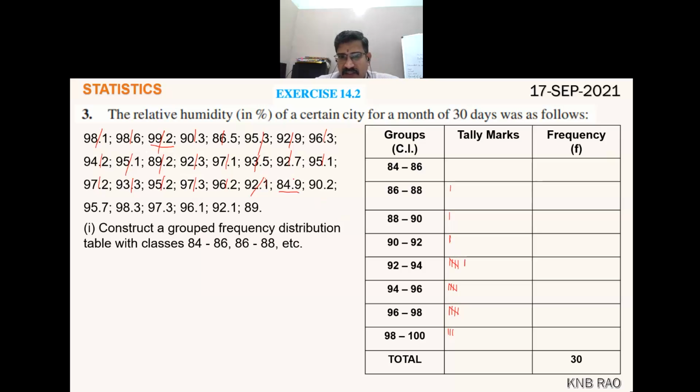84.9 comes between 84 to 86. 90.2 comes between 90 to 92. 95.7 comes between 94 to 96. 98.3 comes between 98 to 100. 97.3 comes between 96 to 98. 96.1 comes again there only. 92.1 comes between 92 to 94.